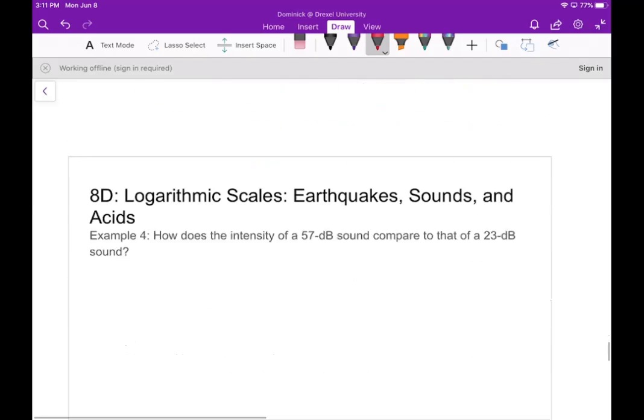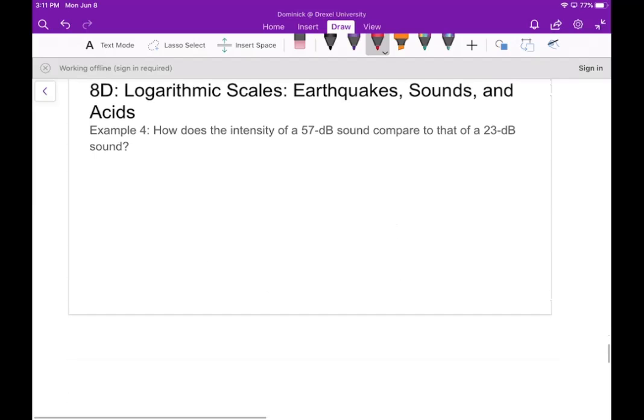Okay. Now in the next example, how does the intensity of a 57 decibel sound compare to that of a 23 decibel sound, right? So of course, we can use now this second formula for the decibels to compare the two sounds.